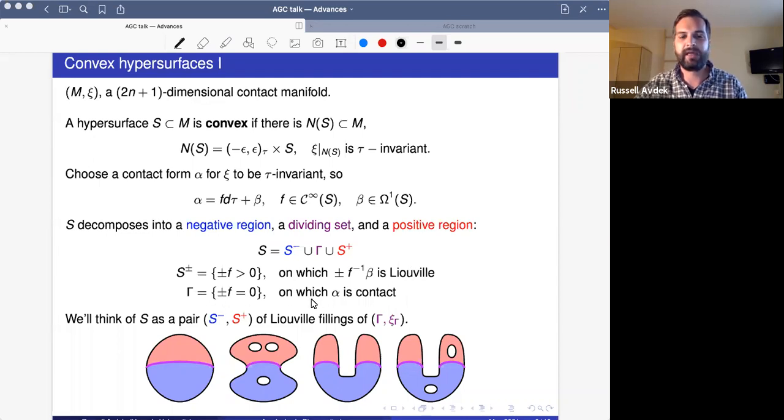On gamma, we get a contact structure. I'll color code things blue for the negative region, purple for the dividing set, because we know that contact geometry is purple, and red for the positive region. For the purposes of this talk, we want our intuition to be that S plus and S minus are going to give us two Liouville fillings of the dividing set.